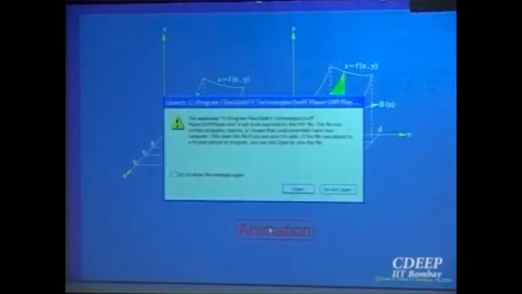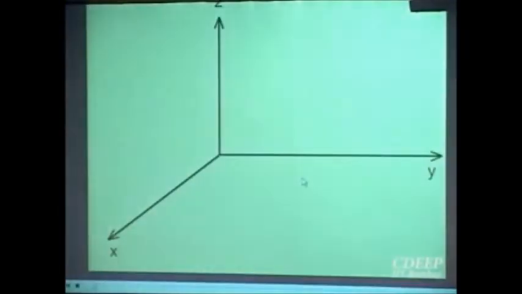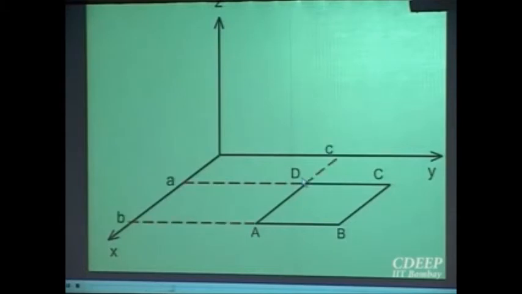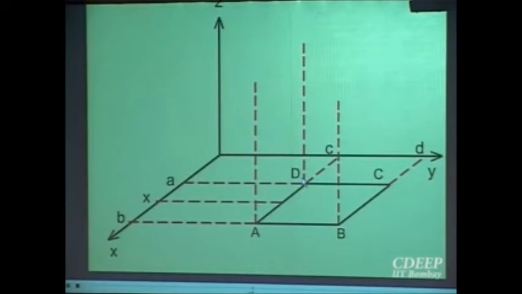So that is the rectangle over which you are going to integrate, and this is the surface that you get.